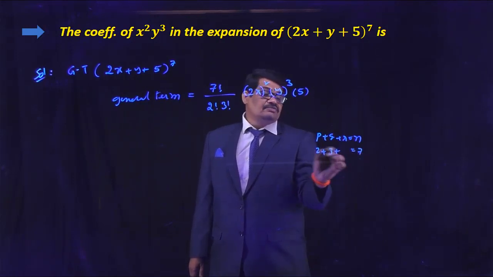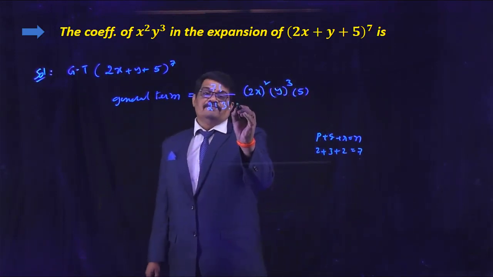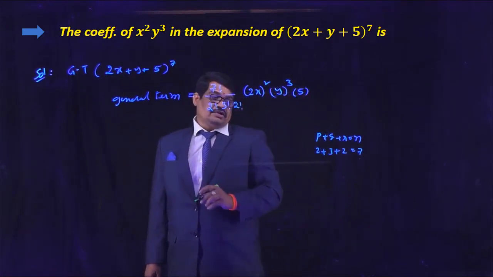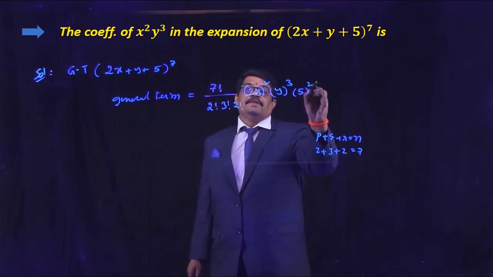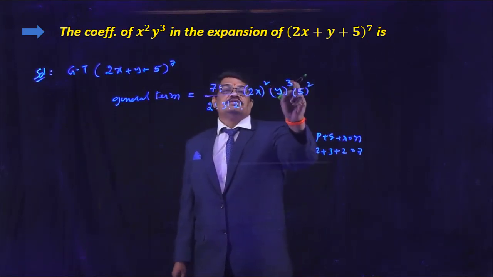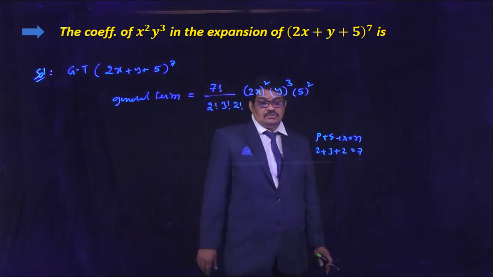The remaining power is 5 minus 3, that is 2, and we take here 2 factorial. So p plus q plus r is equal to 7.